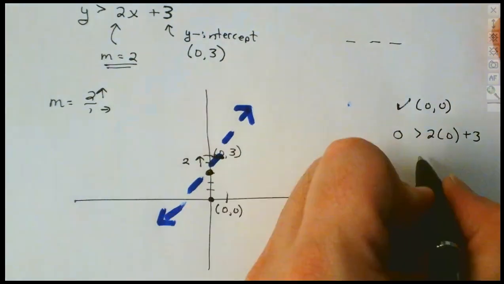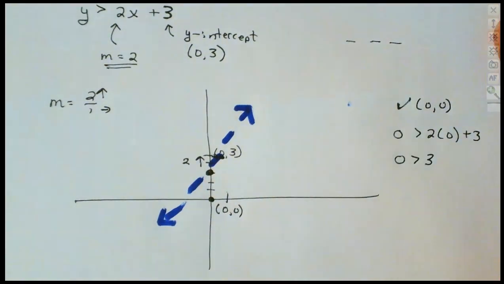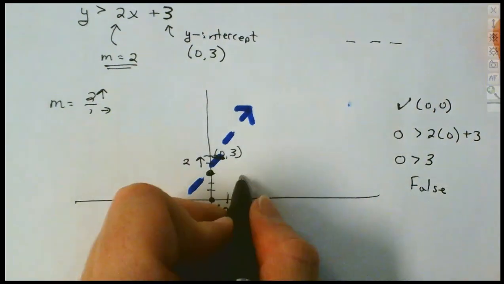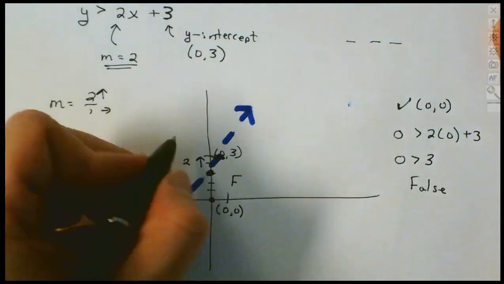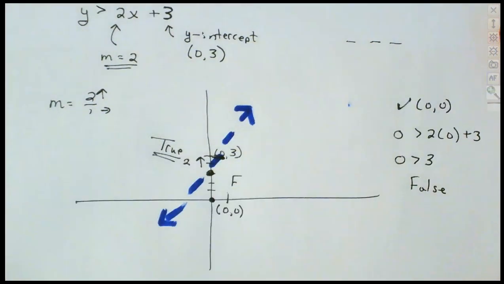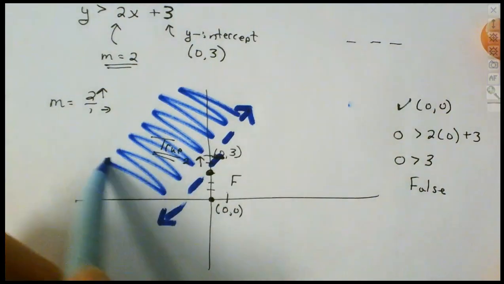Okay, and that gives you then 0 is bigger than 3. Well, is 0 bigger than 3? No, that is false. So that means this half is false. So that means this half up here would be true. And where do we shade? We shade the true half.